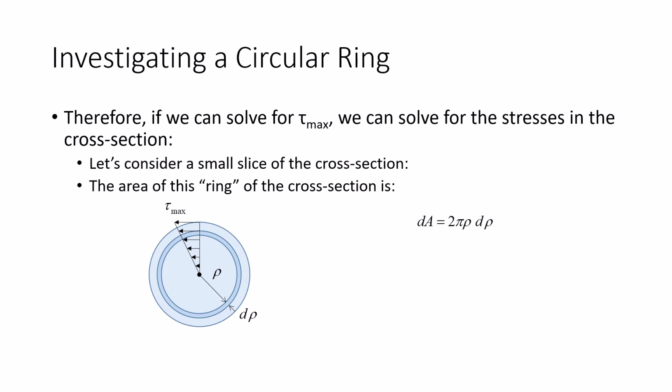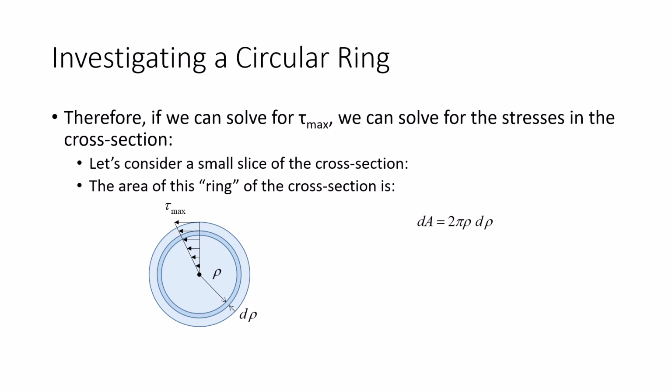Okay. So I'm going to look at a single circular ring. So what is the area of this little ring? Well, the area of that ring, I'm going to say, is the circumference times the thickness. The thickness is some little differential element d rho, and the circumference is 2 pi times the radius.